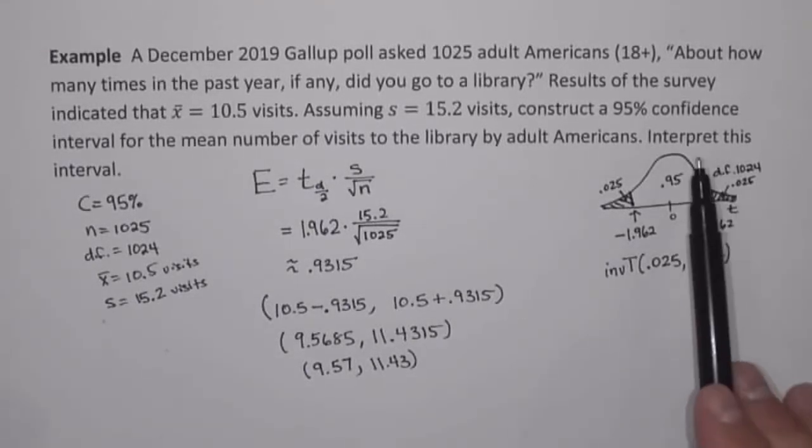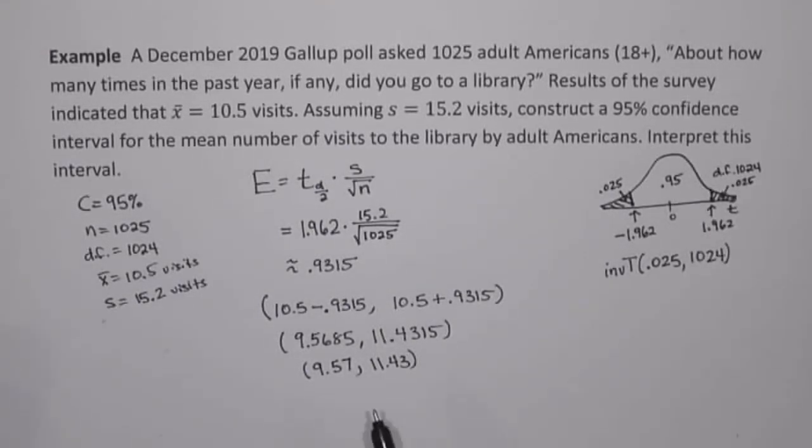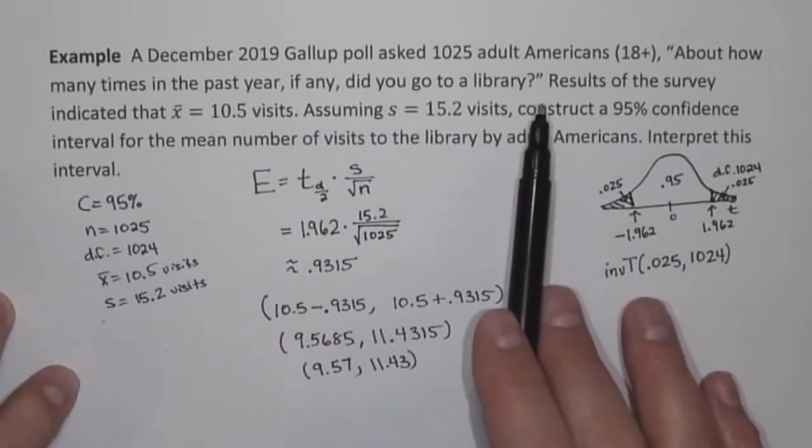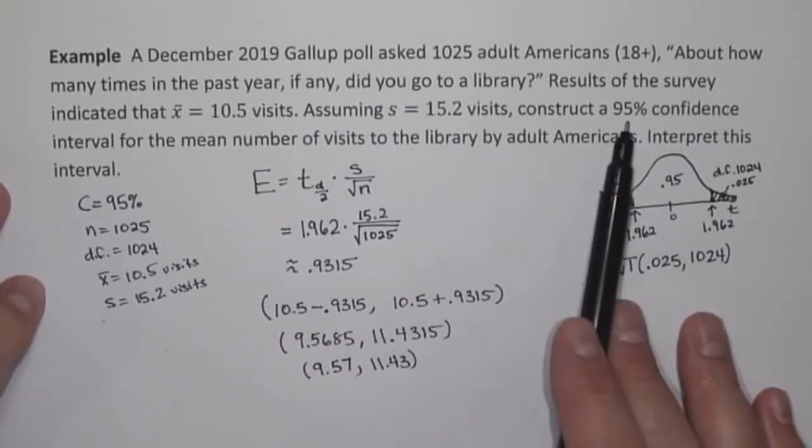Now we also want to interpret this interval. So our confidence interval is 9.57 to 11.43. So interpretation. Now we did a 95% confidence interval.